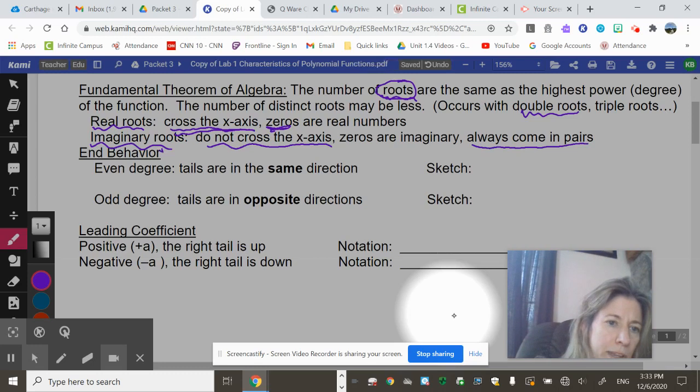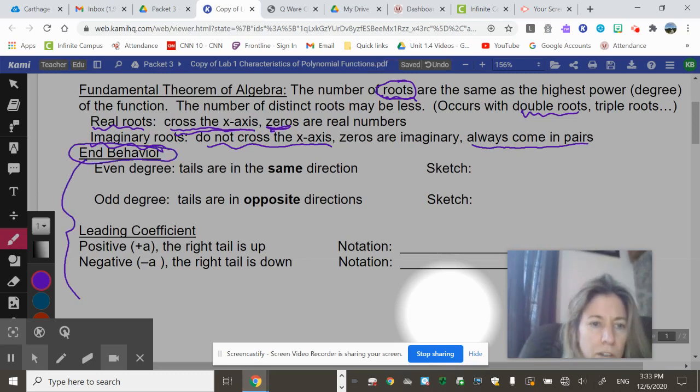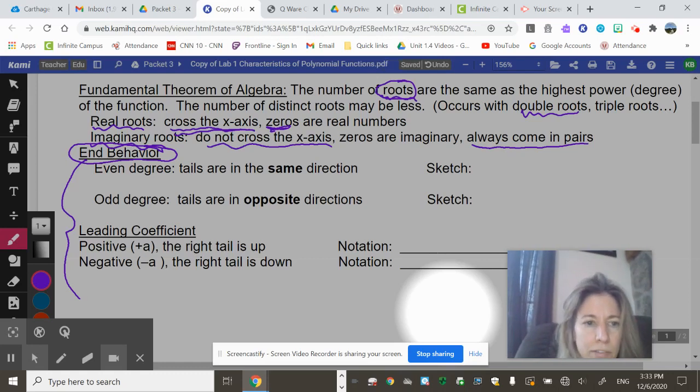This next section is talking about what we call end behavior. It's just talking about the ends of the graphs. We can have an even degree or an odd degree. If the highest exponent is even, like x squared, x to the fourth, or x to the sixth, the tails go in the same direction.